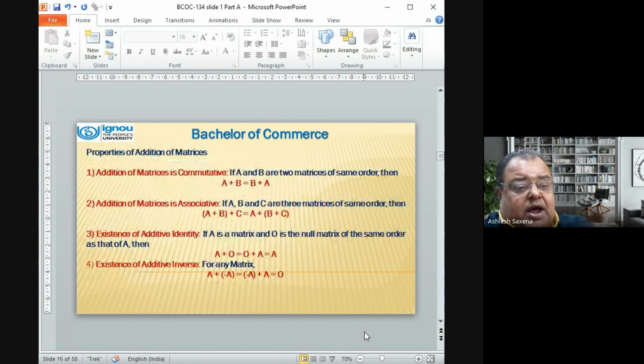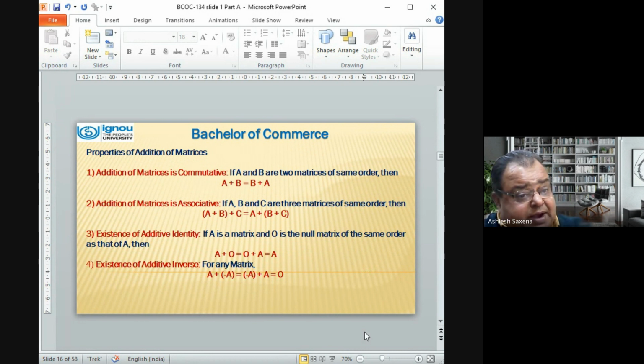Now, what are the properties of addition of matrices? If we have to add two matrices, they are commutative in nature. That means it is that simple. If you add A plus B, it will be equal to B plus A, as in the case 1 plus 2 is equal to 2 plus 1.